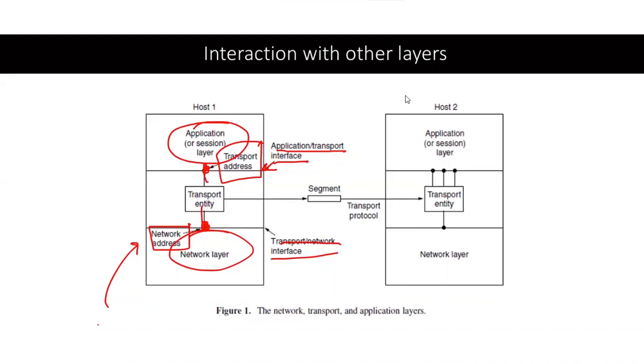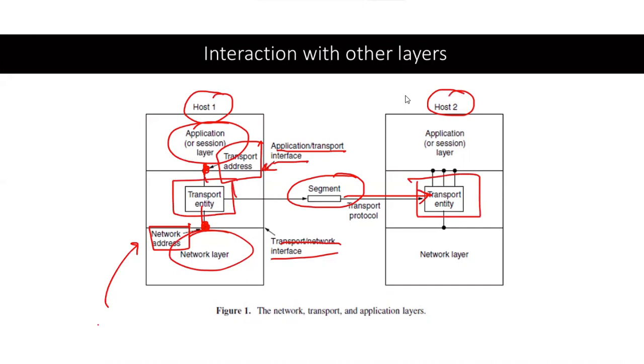And as you can see, the transport layer is responsible for sending segments from host 1 to the transport entity of host 2. So the communication or the protocol between host 1 and host 2 at the transport layer is between the transport entity in host 1 and the transport entity in host 2.